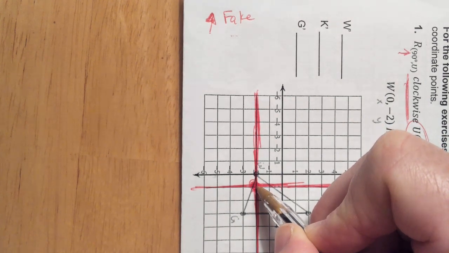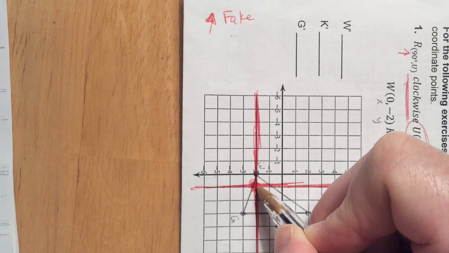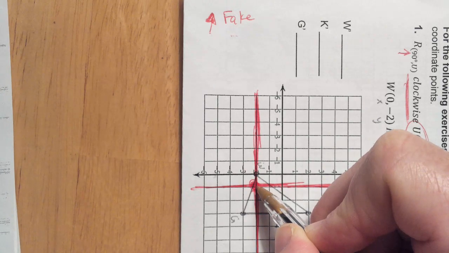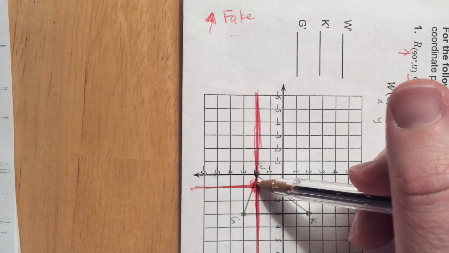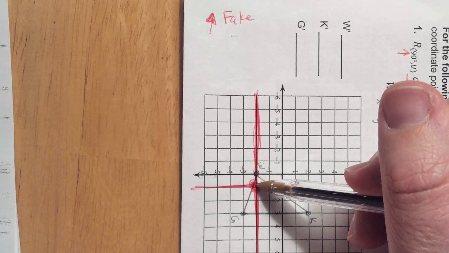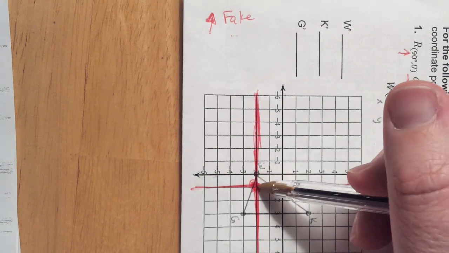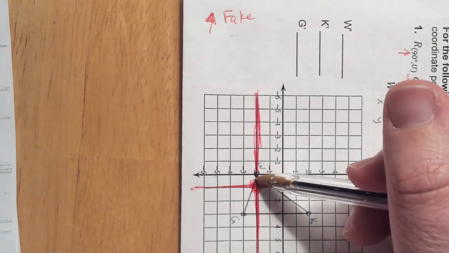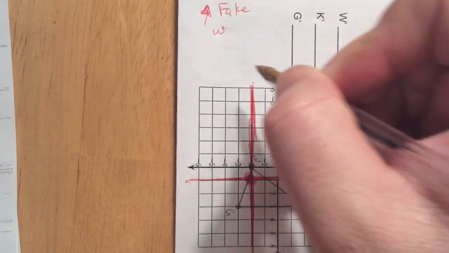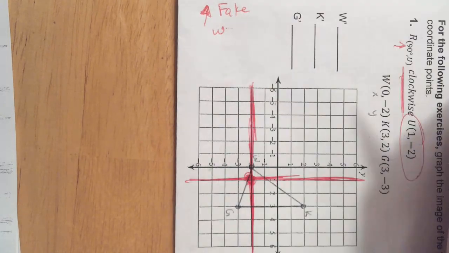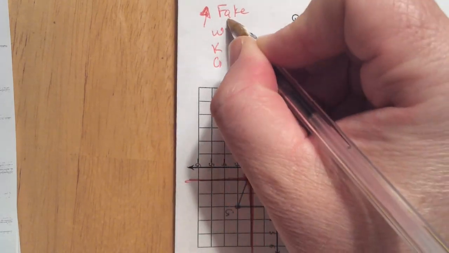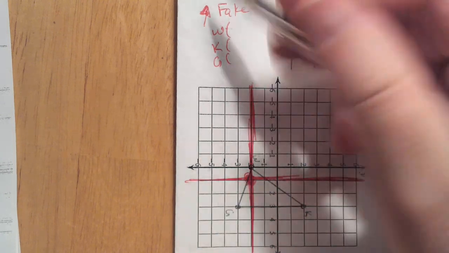So if we're looking at our fake coordinates, we would be located at, okay, so W would be, I went over 0, up 1. So W, K, and G. So these are fake. These are the fake coordinates.